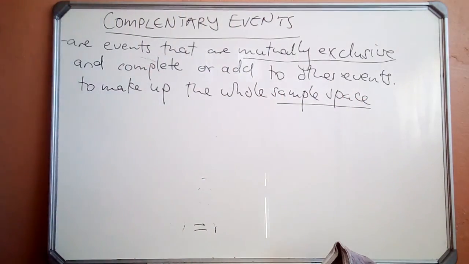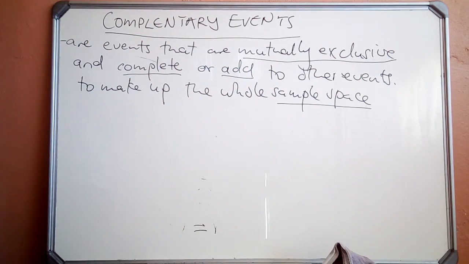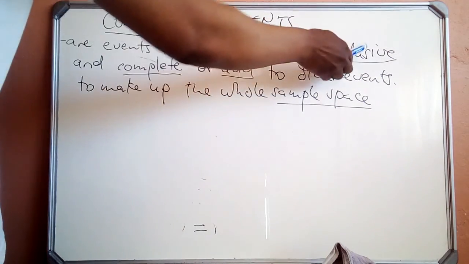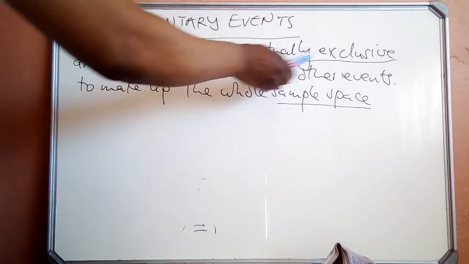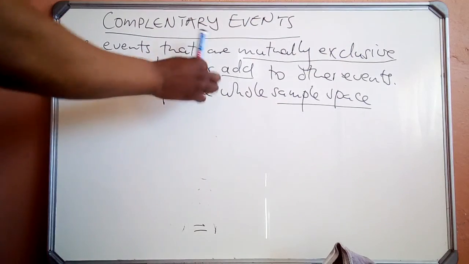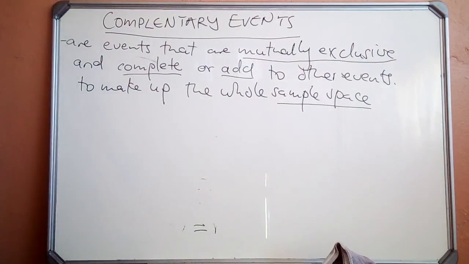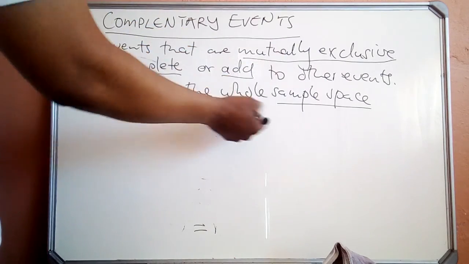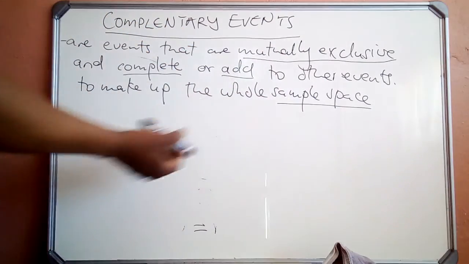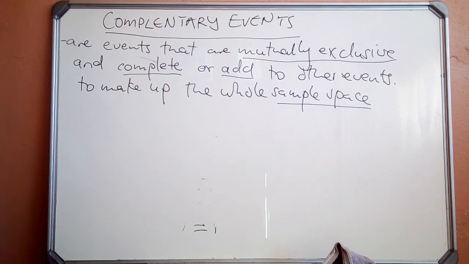Okay, they make up the whole sample space, they complete or add to one another. You've got two mutually exclusive events, and when they add to each other, they complete each other to make the whole sample space. All right? So events that are mutually exclusive and then add or complete each other to make up the whole sample space are known as complementary events.